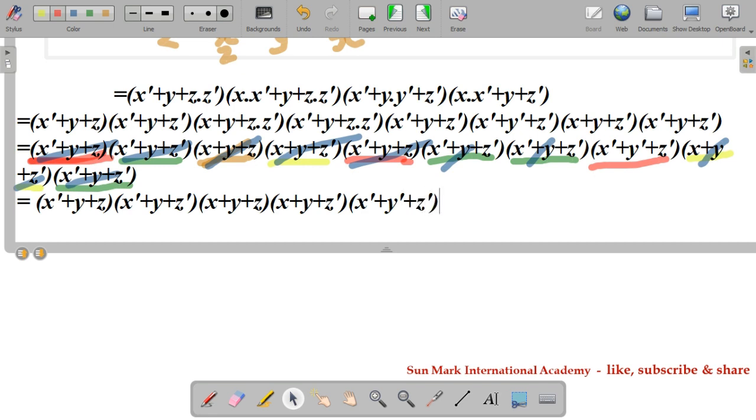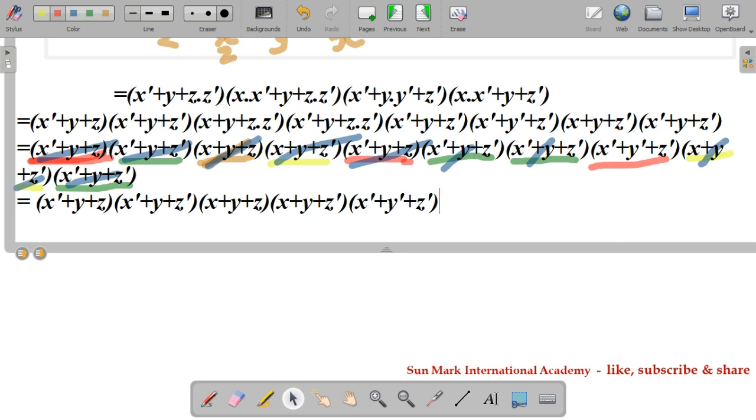Finally we got five terms: x dash plus y plus z, x dash plus y plus z dash, x plus y plus z, x plus y plus z dash, and x dash plus y dash plus z dash. So we have removed all the duplicate terms and we got the final expression as this one.